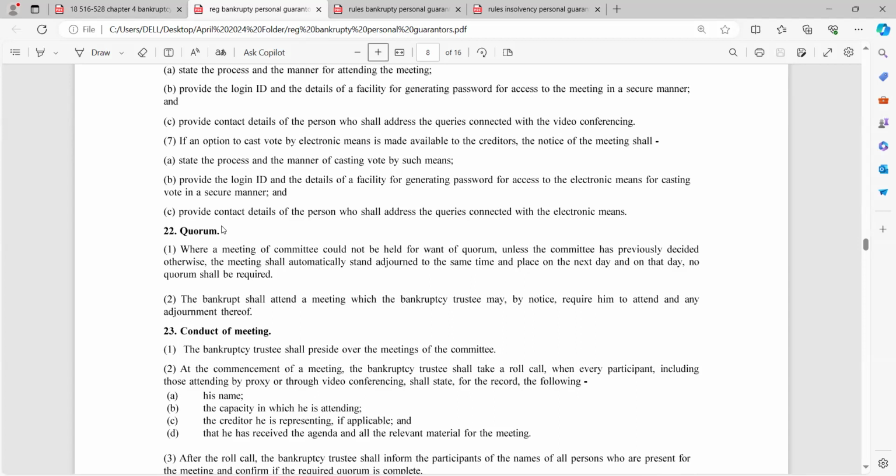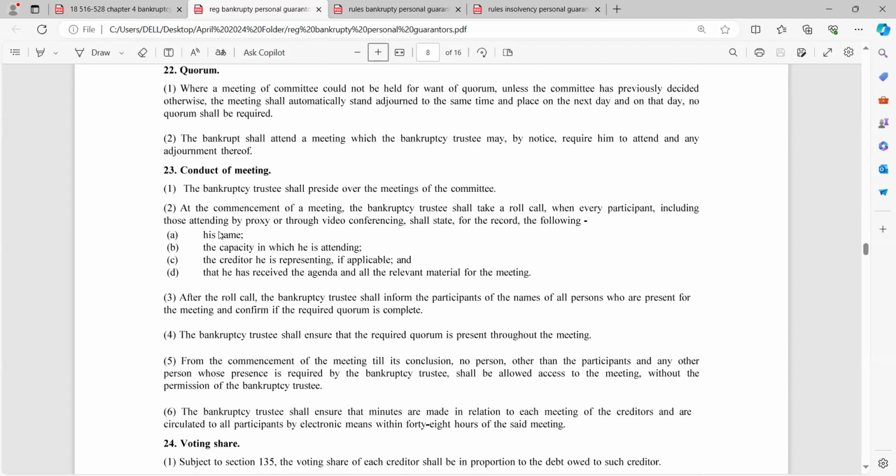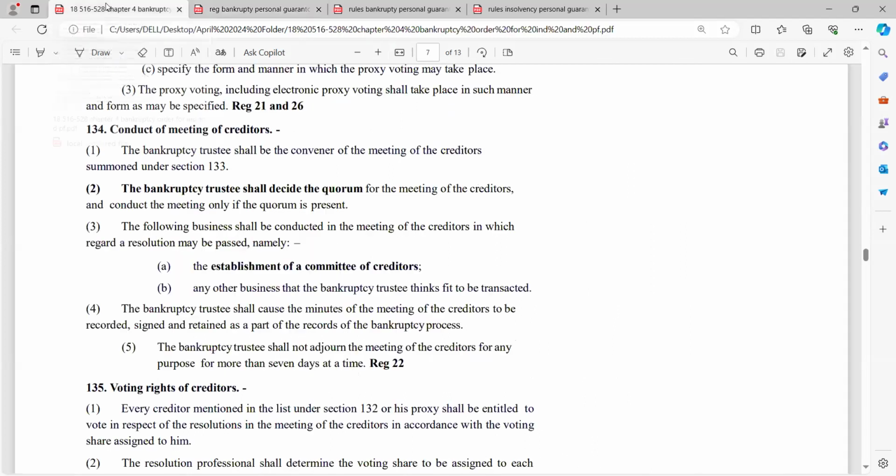Simply the bankruptcy trustee will decide the quorum. This is given in regulation 23(4): the bankruptcy trustee shall ensure that the required quorum is present throughout the meeting. But 134(2) is saying it shall decide the quorum for the meeting of the creditors. There's no fixed 33% quorum; 33 is not mentioned.